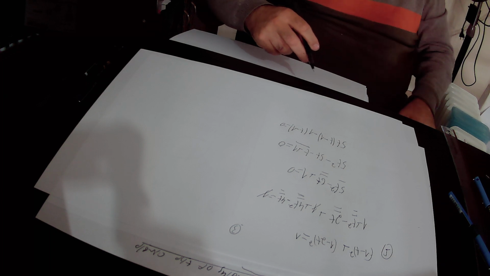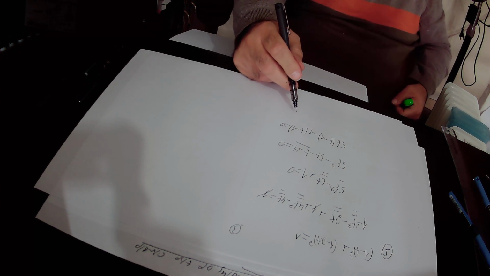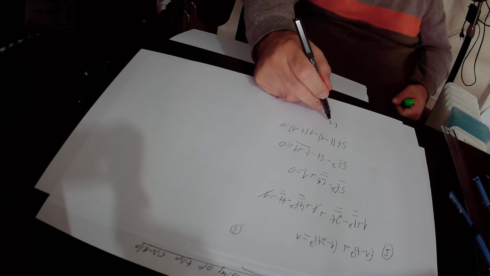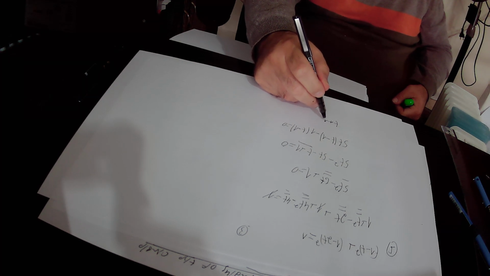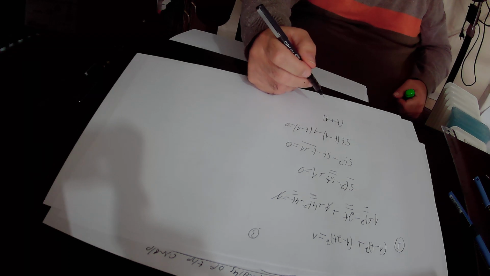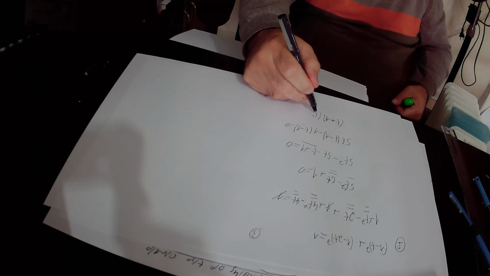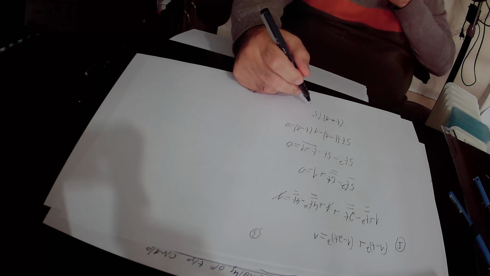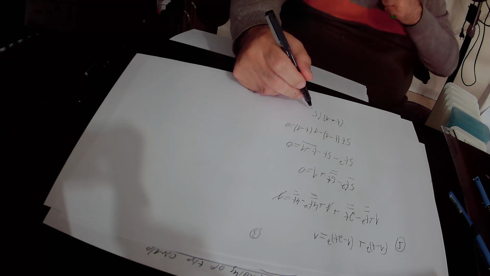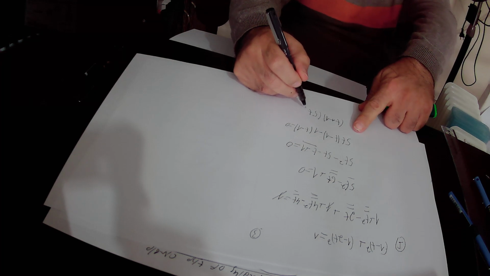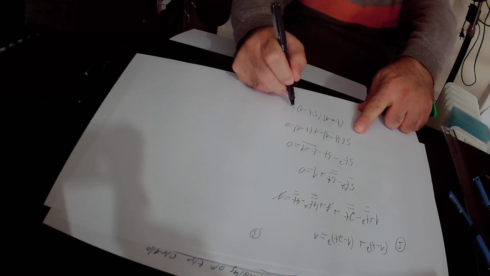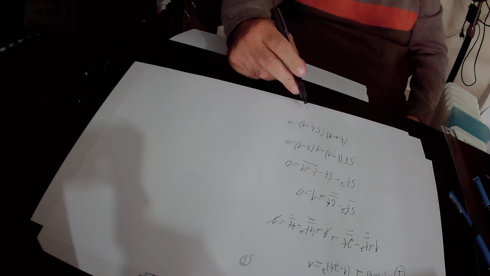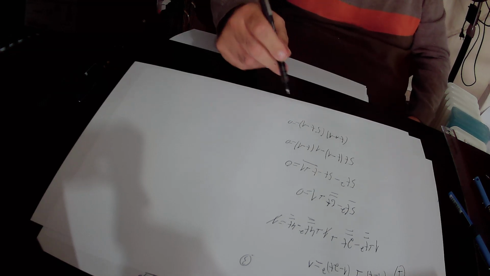The next step, we take out t minus 1 as a common factor from those two expressions, so inside the brackets we have 5t minus 1 equals 0. So t minus 1 times 5t minus 1 equals 0.